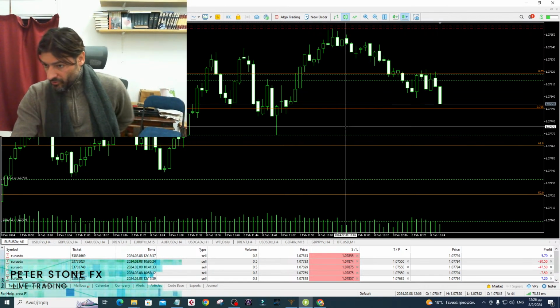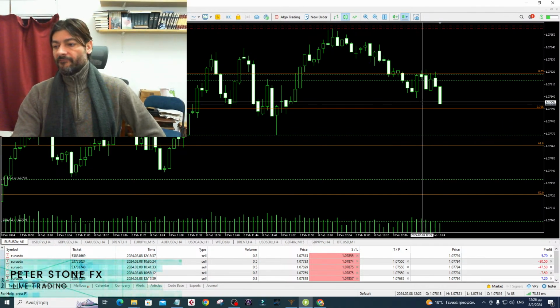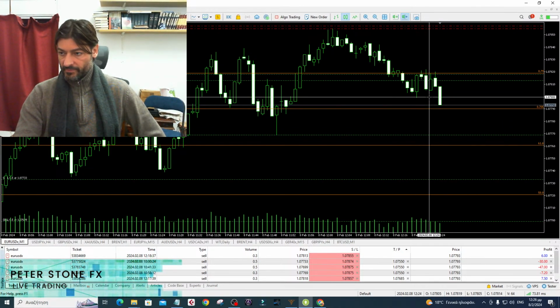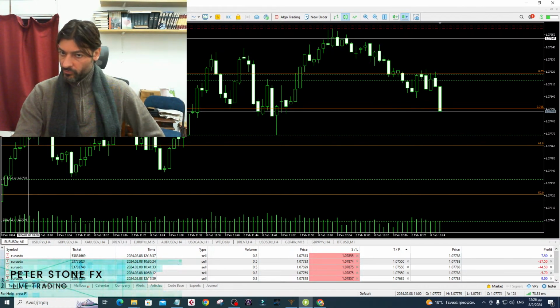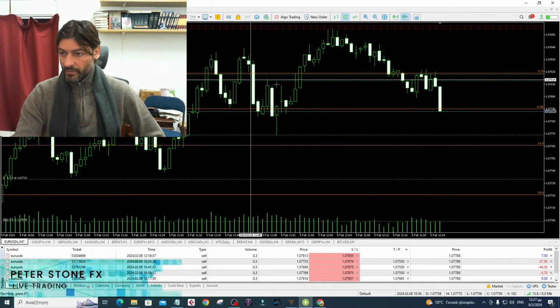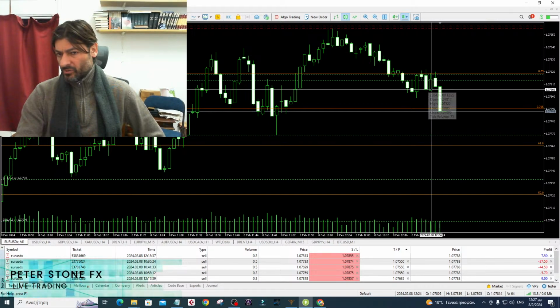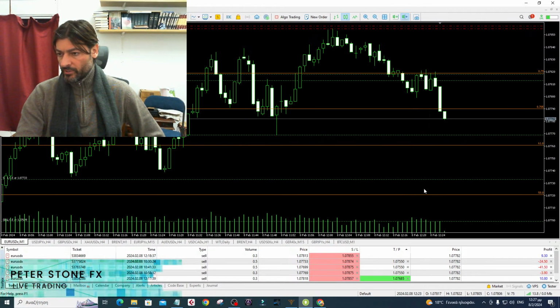If I was in a drawdown right now, I would have sold in a big way with a big position, with one lot. Look, this candle going down hard. I would have sold here with one lot, maybe two lots, and I would have profit from here to here.